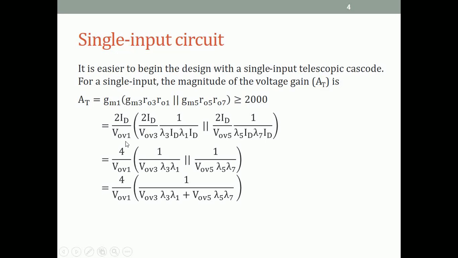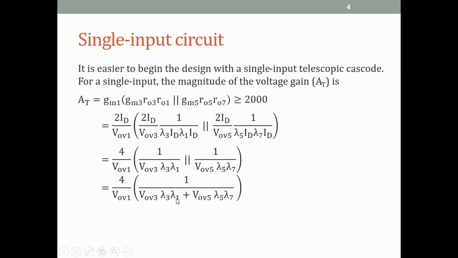GM1 is 2ID over VOV1, similarly GM3, RO1, etc. There are 2 IDs in the numerator, 2 IDs in the denominator, so they cancel, and the factor of 2 comes out, so we get a 4 here, 4 by VOV1, VOV3 lambdas, a lot of lambdas, and these two are parallel resistances, so the conductances add. So this is the expression we get for the voltage gain of the single input telescopic cascode.